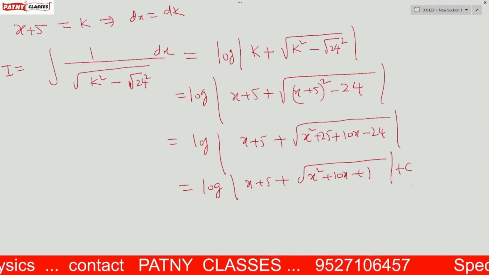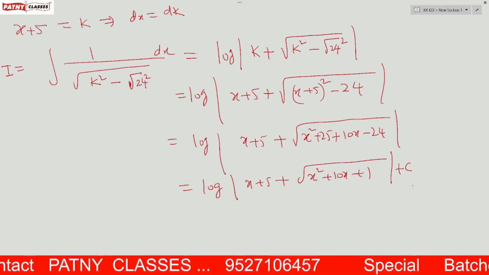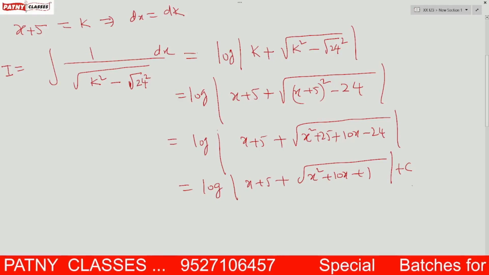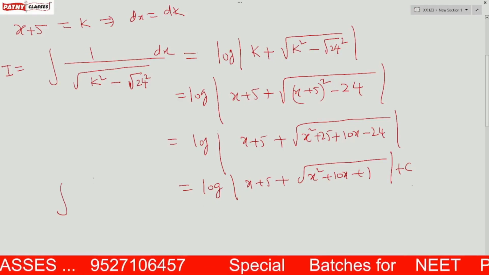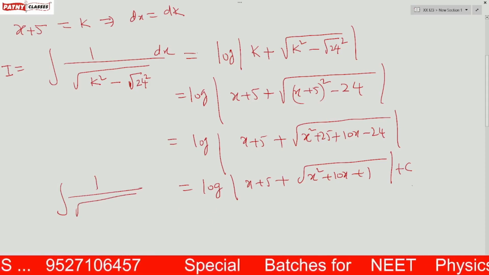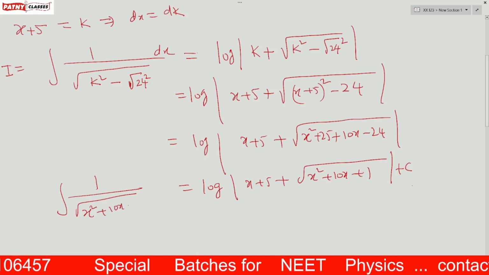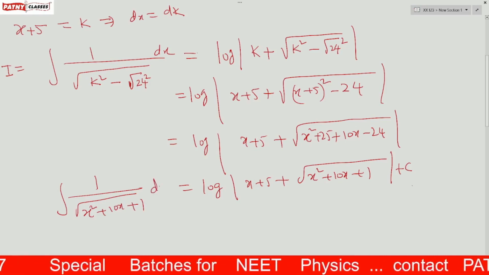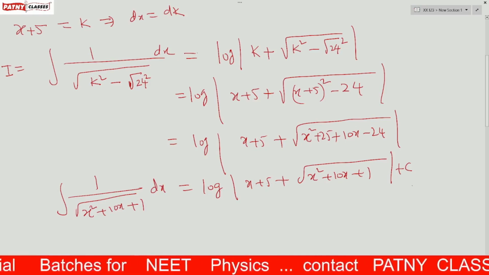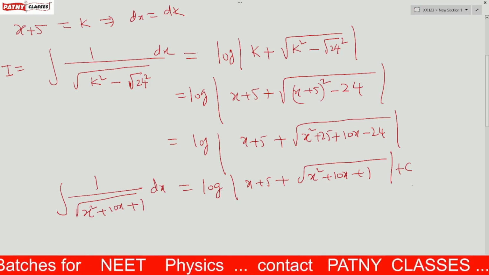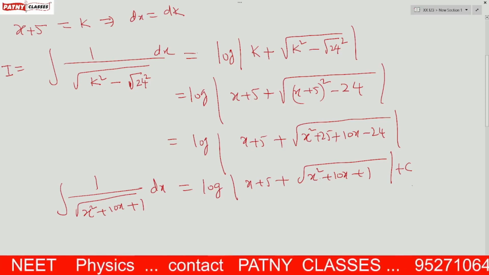We put x plus 5 equals k and dx equals dk and apply the respective formula. Therefore, integration of 1 upon under root of x square plus 10x plus 1 with respect to x equals log of x plus 5 plus under root of x square plus 10x plus 1 plus c. This is the required answer.